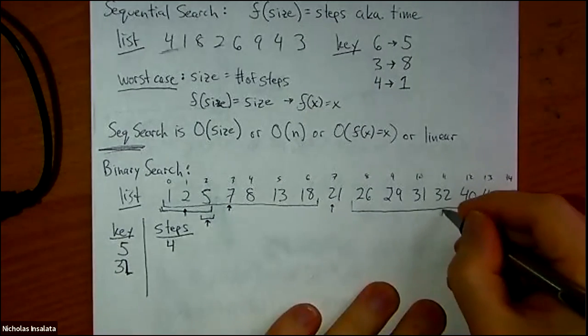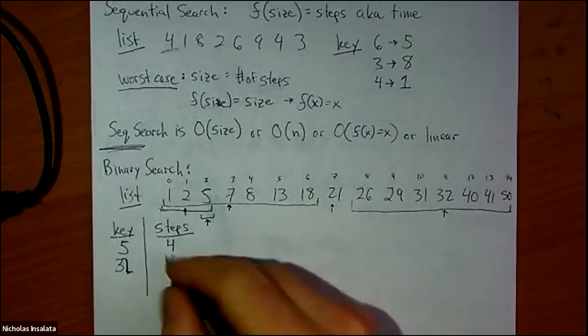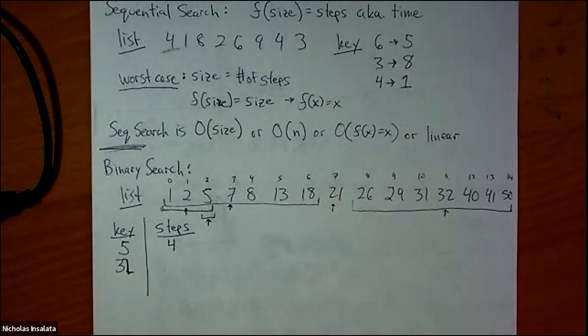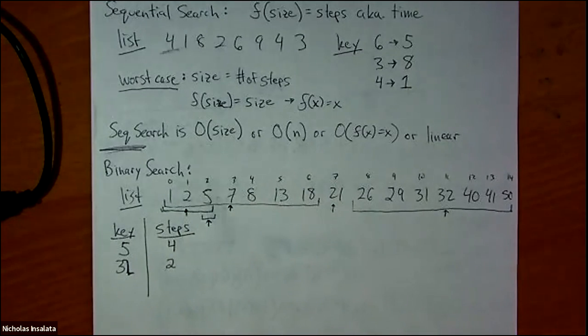We look at the center value, and 32 equals 32, so jackpot, we found it, right? So how many steps did this take to find our answer? 2 steps. Excellent.